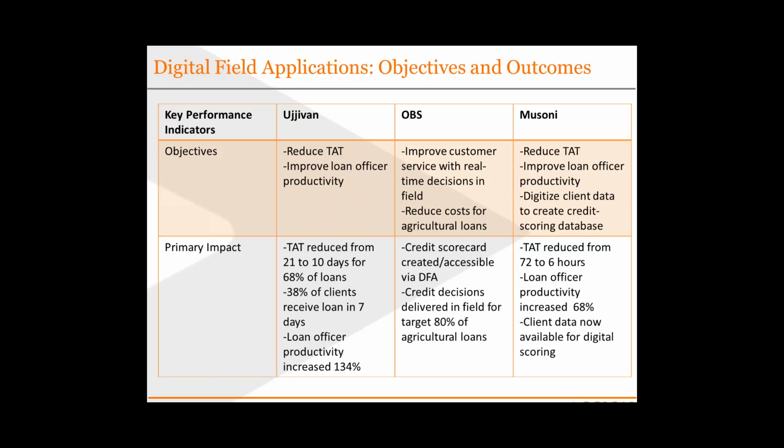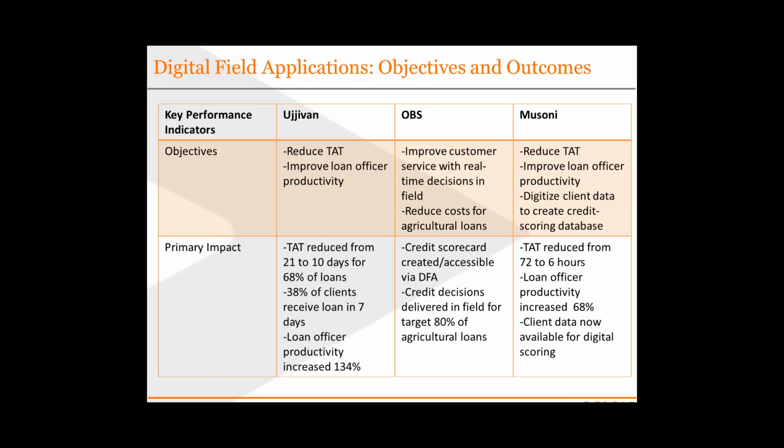And again, the goals of reducing turnaround time and increasing productivity achieve key business objectives for the organizations, but also improve customer service as well, with less time spent collecting documents and a smoother application process.